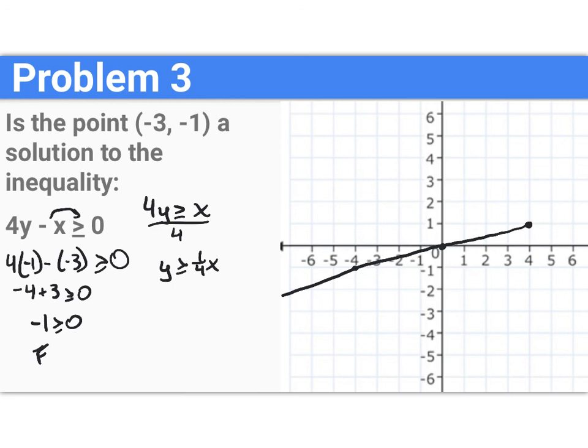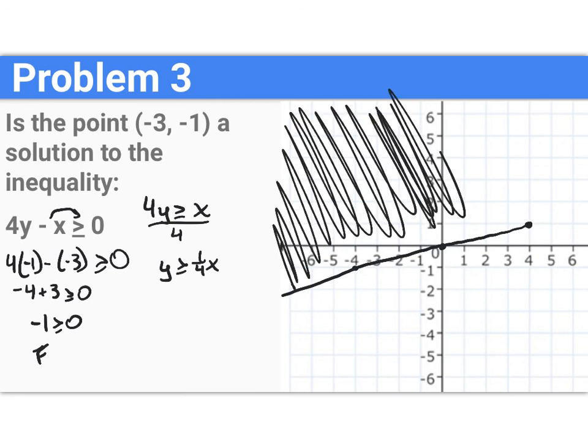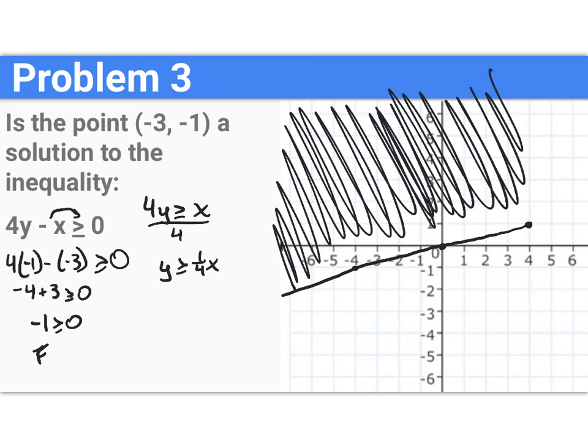And greater than, so that means every point above the line, all points, not just one number, but all points above the line work. And so what was our point? (-3, -1). And let me put that in a different color. As we can see, (-3, -1) is right there. It is not in the solution set because it is below the line.